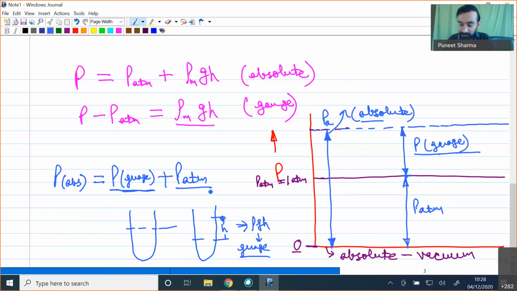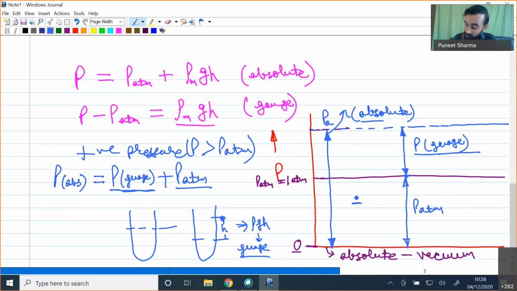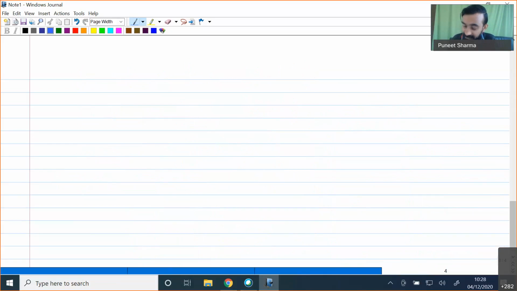That is the relationship between the absolute pressure and the gauge pressure when measuring positive pressure, meaning the pressure we want to measure is greater than atmospheric pressure. Now we may have another situation where we want to measure the pressure at some point below atmospheric pressure. Let us see that in the next slide.